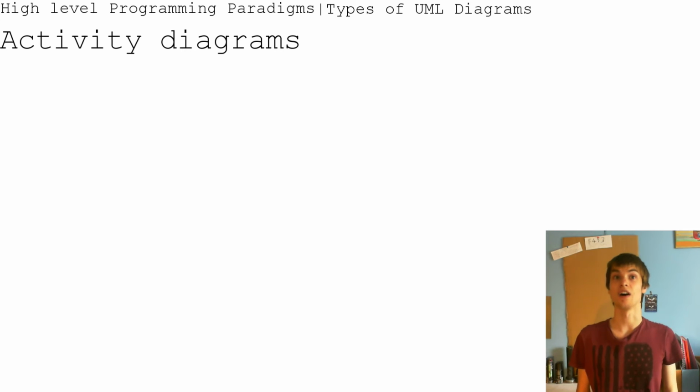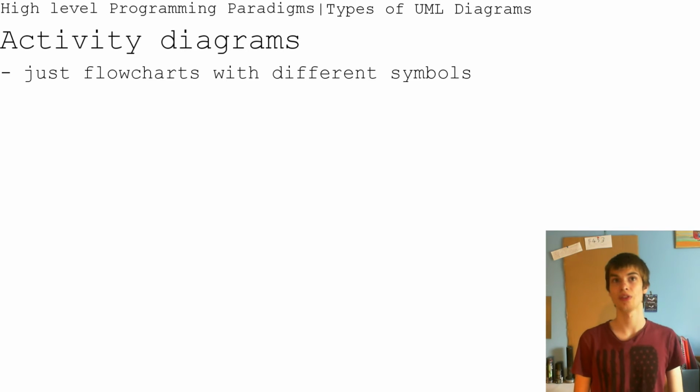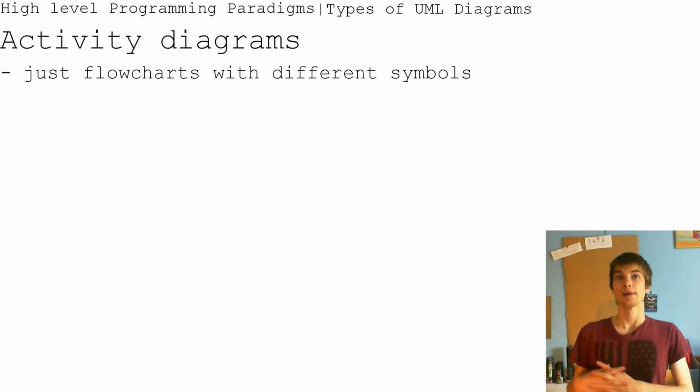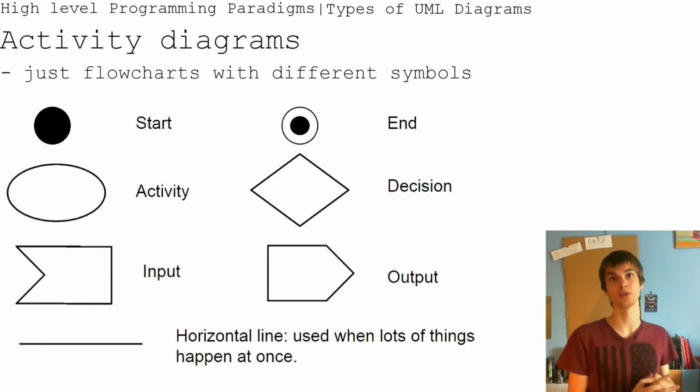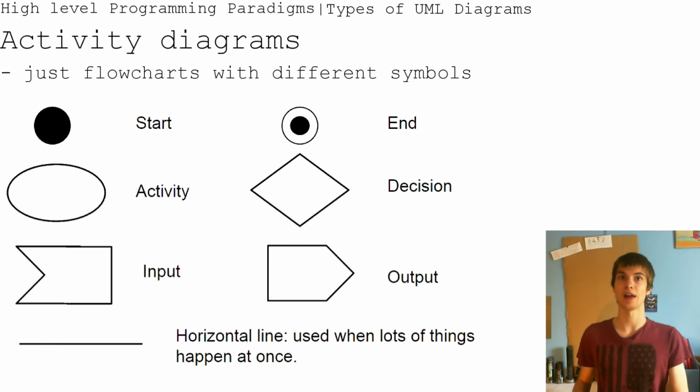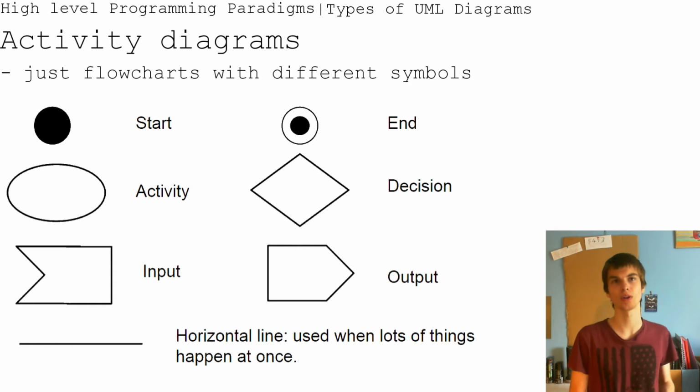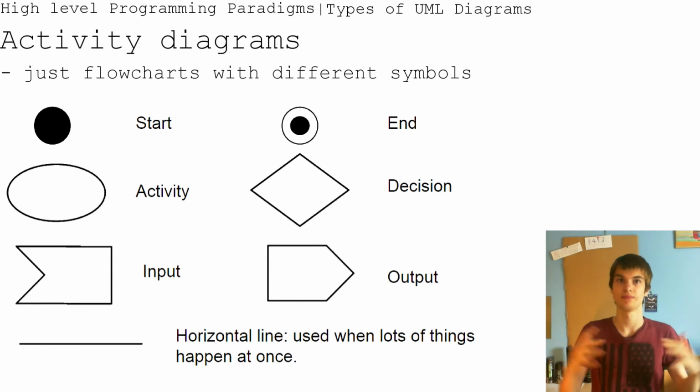Now the activity diagrams are just flowcharts with different symbols. The start and end look exactly the same as in the state diagram: the black circle for the start, then a circle with another circle within it, in black, as the end. The activity is a circle, oval even, and then a decision is a prism-type shape. Input has a slot like that, and output is a square with an arrow.